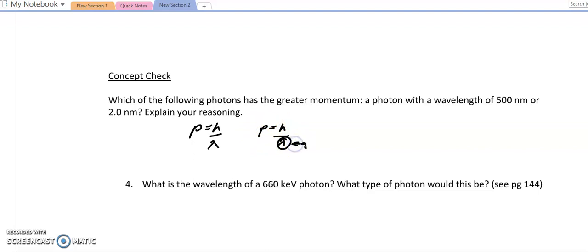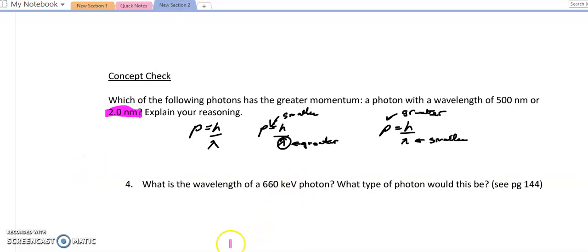So if this is greater, this will be smaller. So by the same logic, if this is smaller, then this momentum will be greater. So the one that is a smaller wavelength is the 2 nanometers. Okay, let's move on to part 2 of this video.